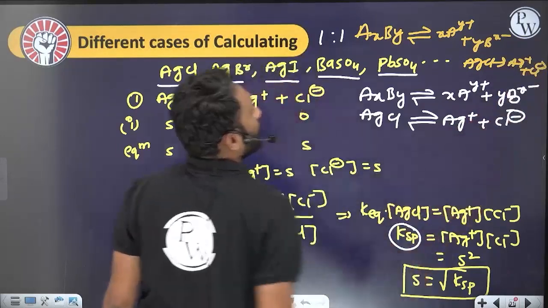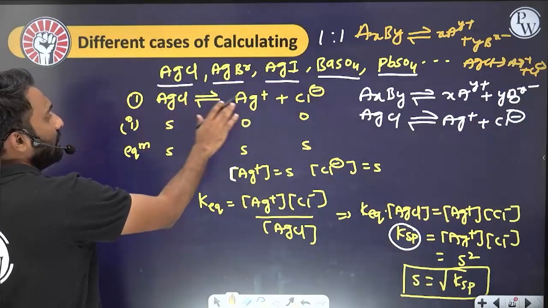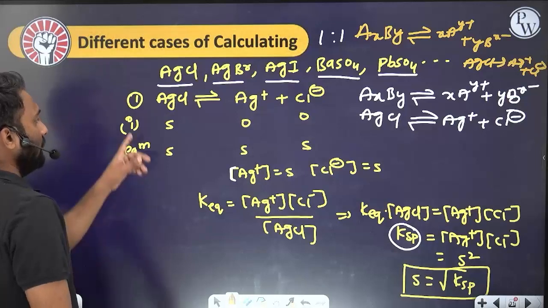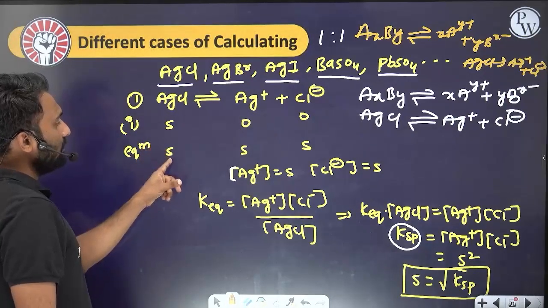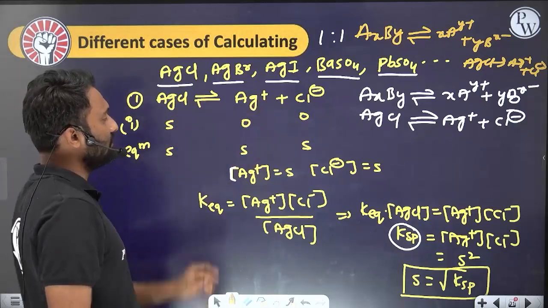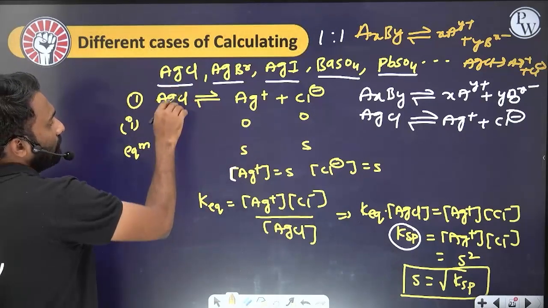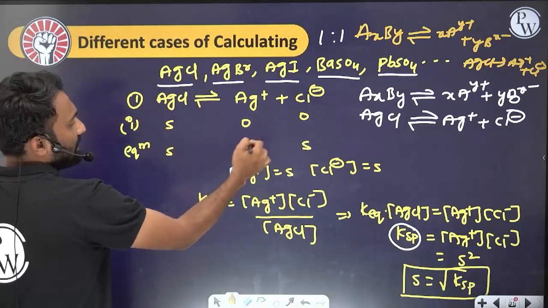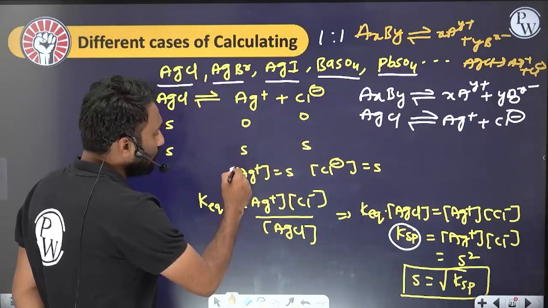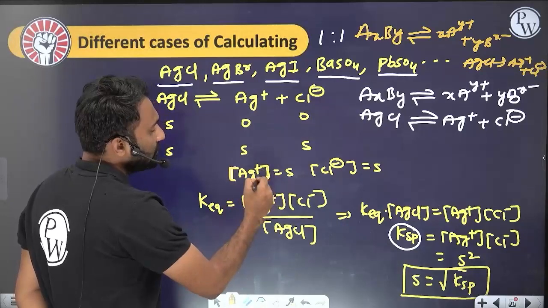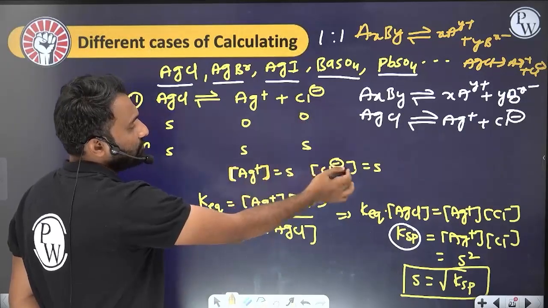Initially the solubility is S, at equilibrium it is S and S. From this salt, it has been converted into Ag+ and Cl-. At equilibrium, the concentration of Ag+ is S and the concentration of Cl- is S.